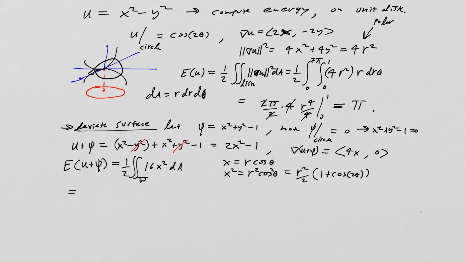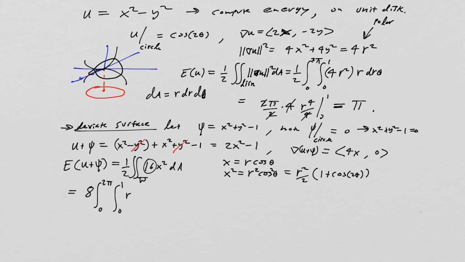All right, so now what we have to do is write out this integral and just sort it out. So we're going to use polar coordinates. So I see we have that 16 and that 2. So I think it's worthwhile to turn this into an 8, 16 divided by 2. And we're going to take the integral from 0 to 2 pi, and the integral from 0 to 1.